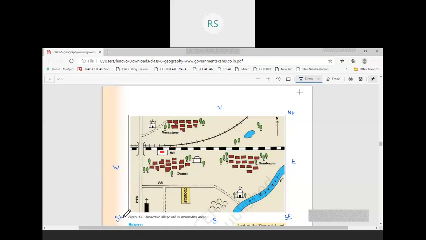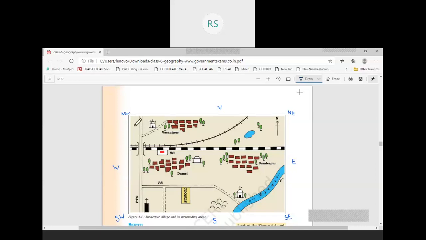Okay, and this direction is indicating northwest because it is between north and west. So first of all, you must be clear regarding the direction of the map. Okay, after understanding the direction, you should focus on the symbols.